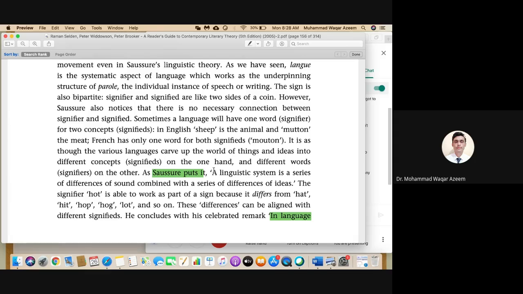And the dictionary is telling us there are 9 possible signifieds for just this one word. So we want to reach an ultimate signified for the word parcel. What is that one absolute signified of the word parcel?